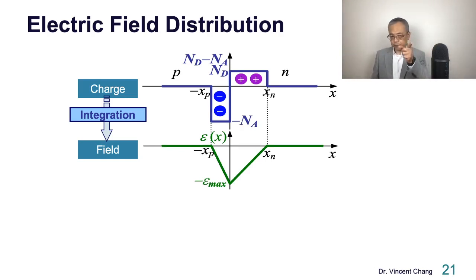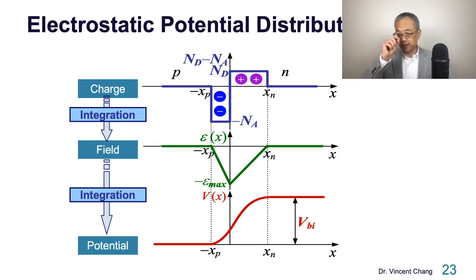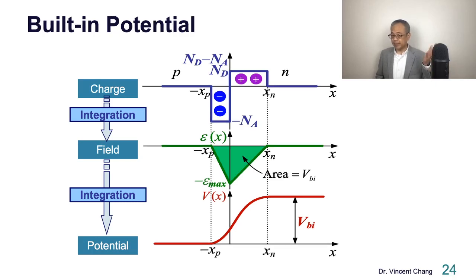And then if the field is first order, it's a line, and then what about the potential distribution? It's going to be second order, right? I explained this before. And then the potential difference is what? The geometrical meaning of the integration, you learned from calculus, is the area, right?